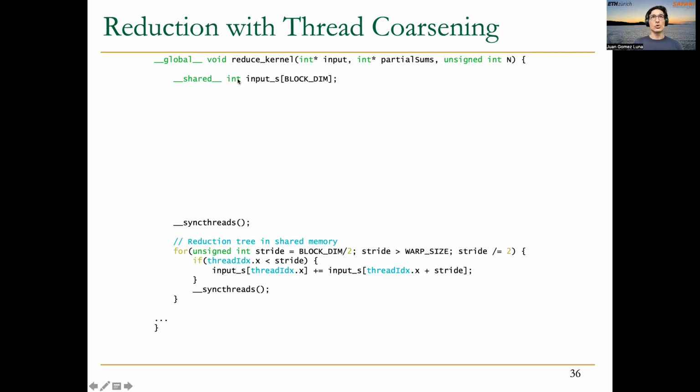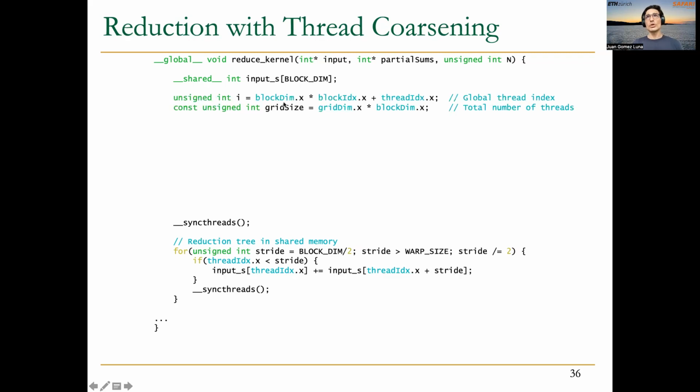We still need to use an array in shared memory, but now, for each individual thread, we have a global thread index. Observe that we calculated it using the block dimensions, the block index, and the thread index inside the same block.